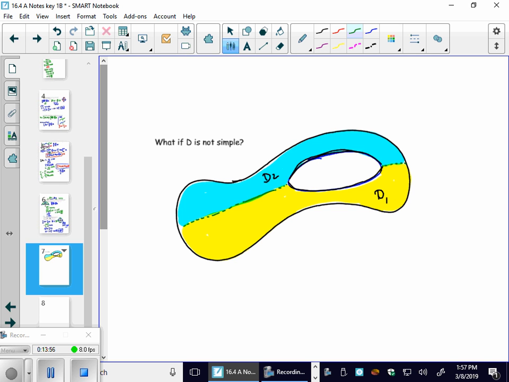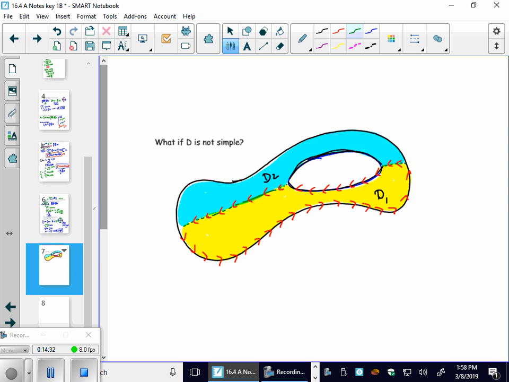So if I want to use Green's theorem, I can traverse D1 in a counterclockwise fashion. And hopefully you can agree that if I went counterclockwise, I could use Green's theorem and go ahead and find D1.